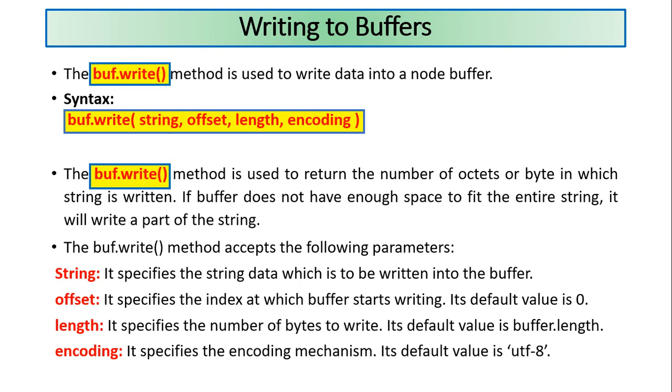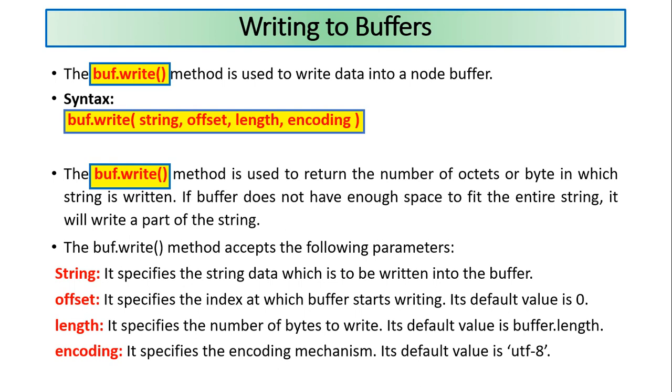Writing to a buffer, in this case we use the write method to write data into the Node buffer. Now look at this syntax. Here we use a buffer object, and by using this buffer object we call the write method. In this write method we use four parameters.